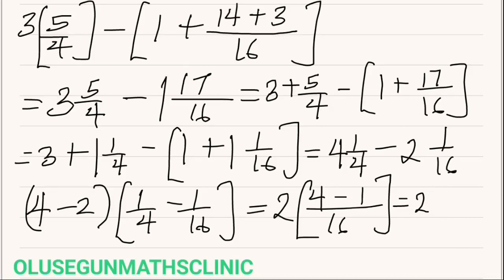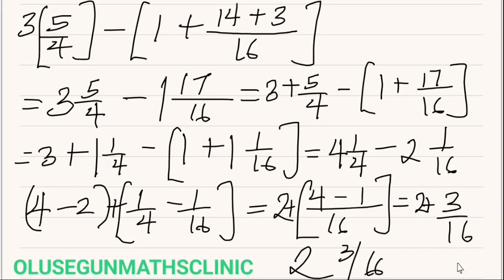Now 2 plus, sorry, you're supposed to have plus here, not multiplication, plus. So 2 now plus, so this will now give you 3 whole number over 16. So the final answer will now be 2 whole number 3 over 16. So that is all for the answer.